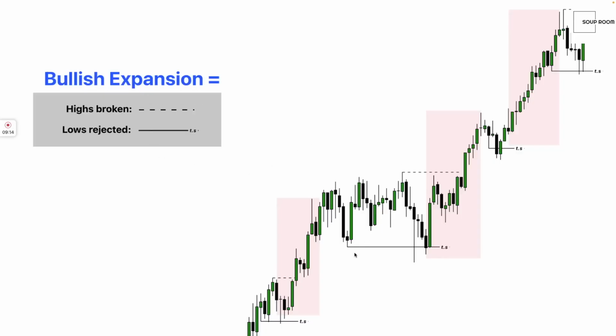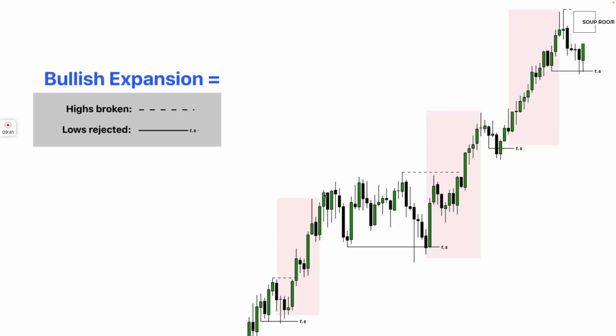As I've mentioned before, I will repeat. This is the most important aspect of figuring out what kind of range or trend we are in. Rejecting lows, breaking highs. Which high? The high that rejected the low. Look what happens. We will never come back below this high.